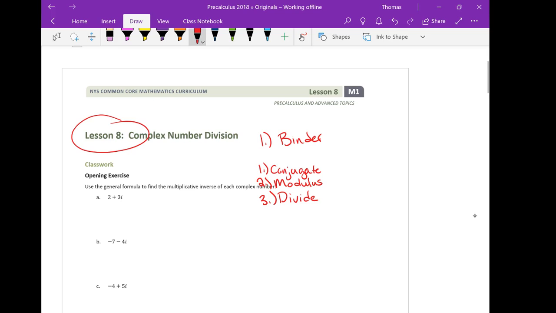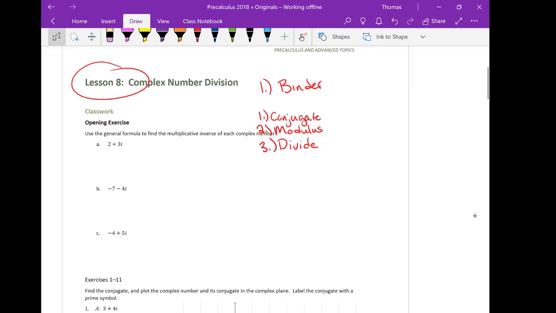Great. So for the opening exercise for our do now, we had these 3 problems that asked us to find the multiplicative inverse using the general formula that we discovered in class last time. If we have some number a plus bi, or z, the inverse was the conjugate of a plus bi, so in this case, a minus bi divided by a squared plus b squared.